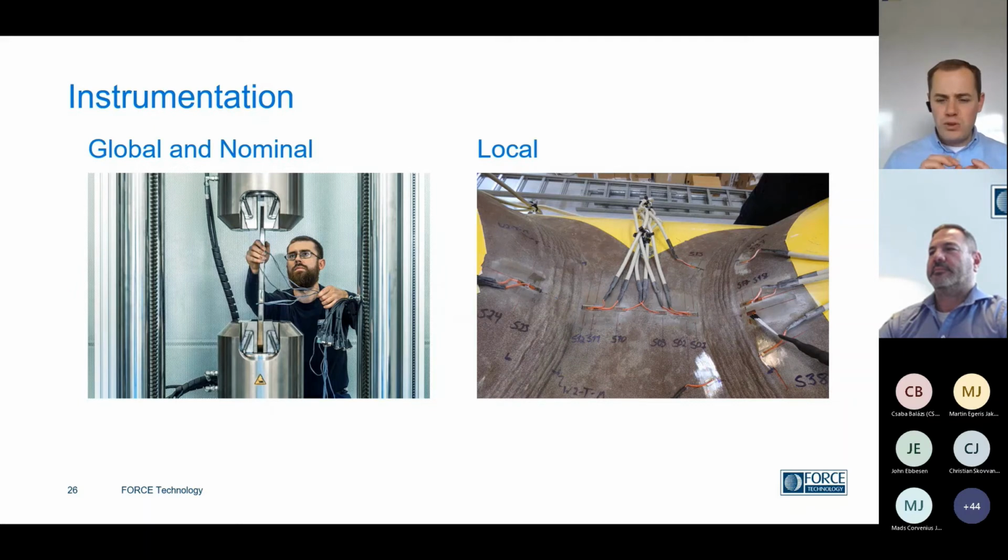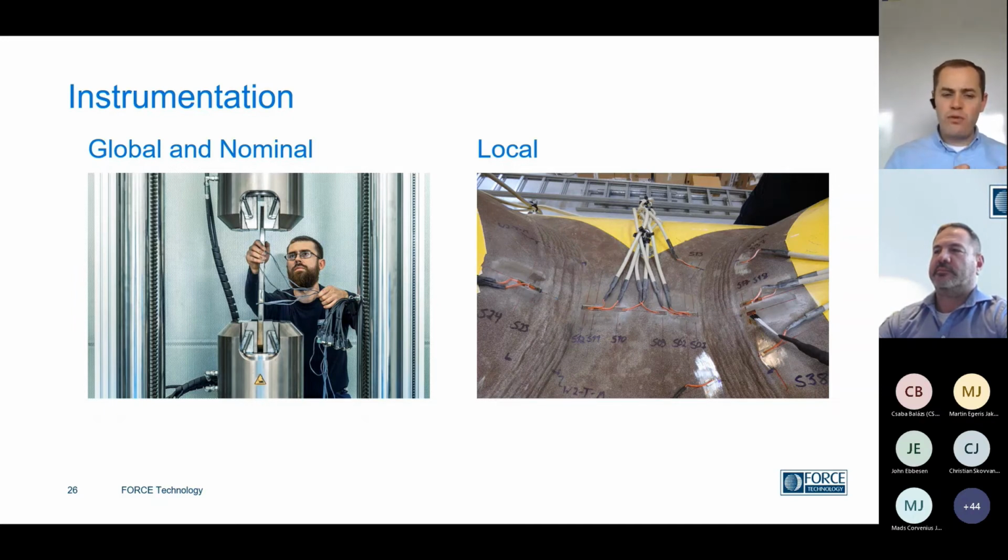By using strain gauges, we can determine the stress that we have on any given test specimen. On the right-hand side, you can see a very detailed, fine picture of all these strain gauges put in place. That's because in this case, we were really trying to assess the hotspot stress at these weld toes on the different pipe sections represented here.